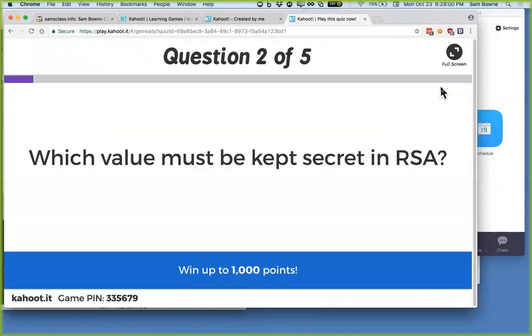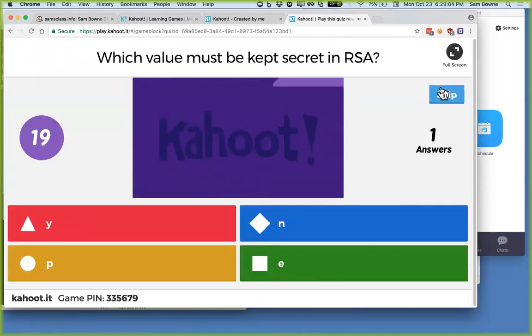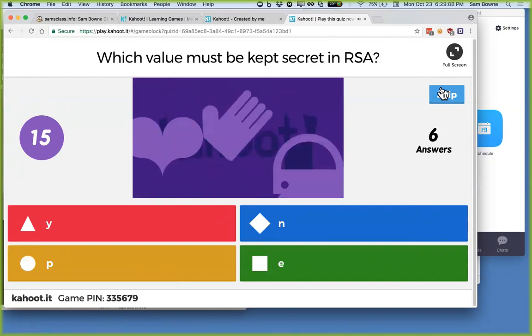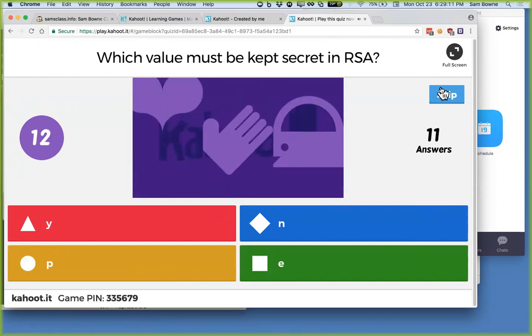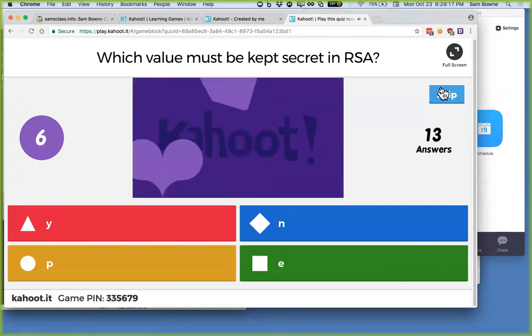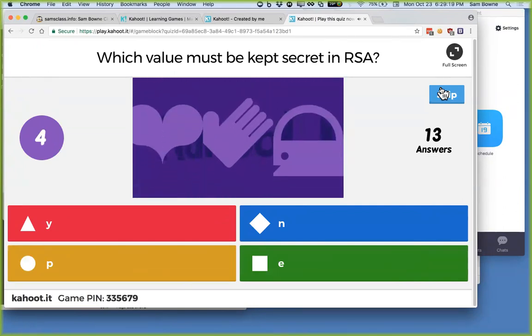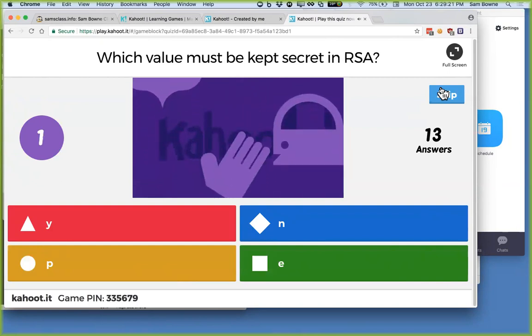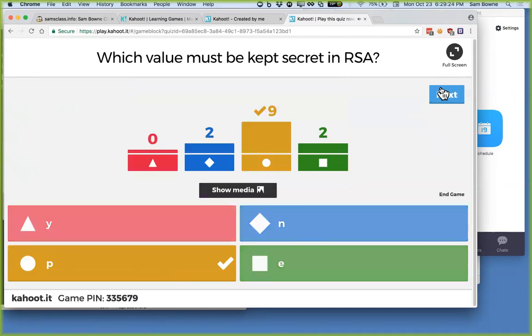All right. So which one of these has to be a secret? All right, and P, good. P and Q are your prime numbers. You have to keep them secret or they ruin the whole thing.